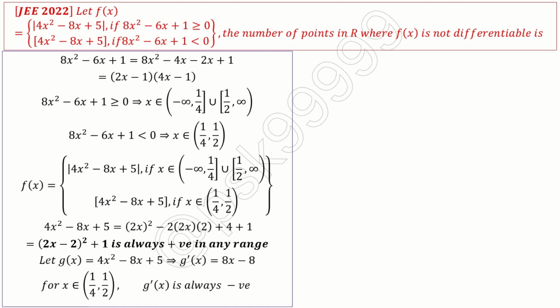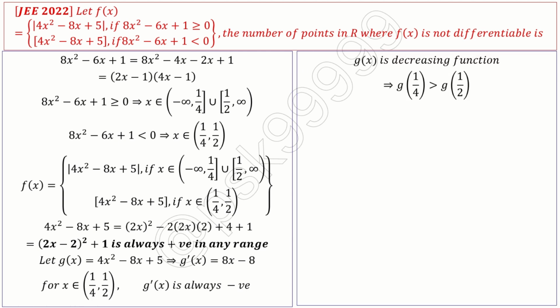You substitute and see, you will get negative, which means it is a decreasing function. Which means at the lower limit it will have a higher value than at the upper limit. That is how a decreasing function is. So g of 1 by 4 is greater than g of 1 by 2.